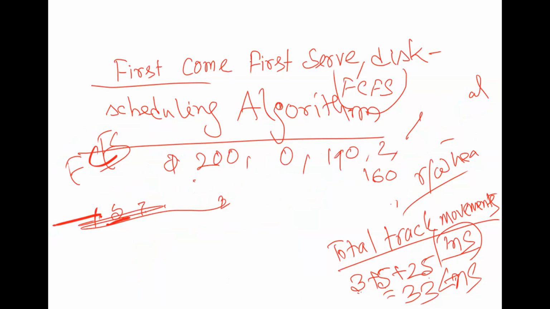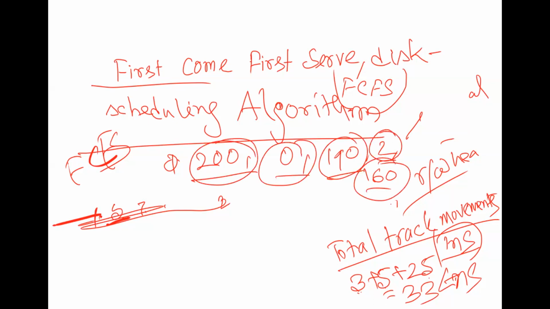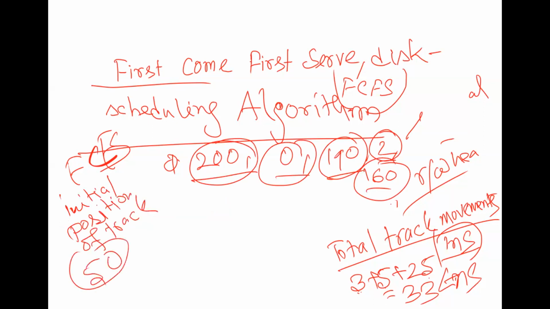So how can we draw this? Here is the request. You need to draw a track line, and the initial position of the track is 50. Now, how can you draw?